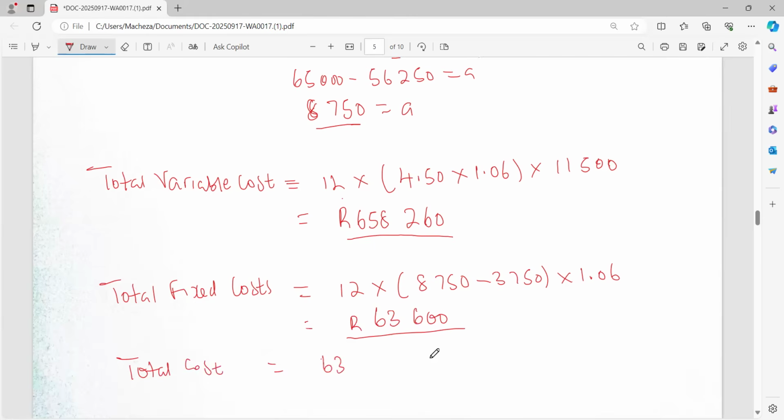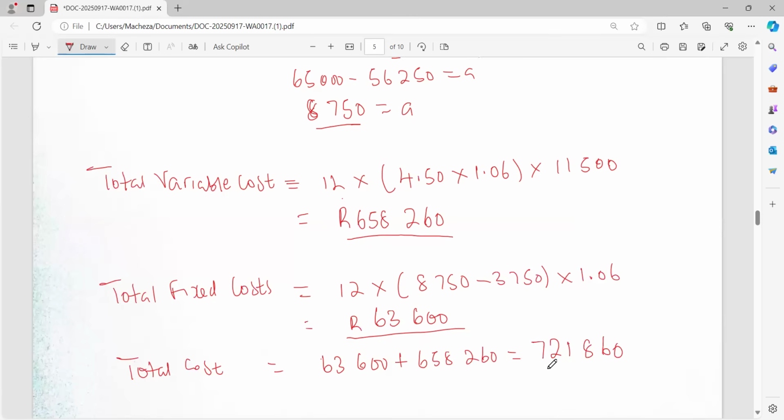So our total cost now is going to be 63,600 plus 658,260, which is equal to how much there? 63,600 plus 658,260 is 721,860.